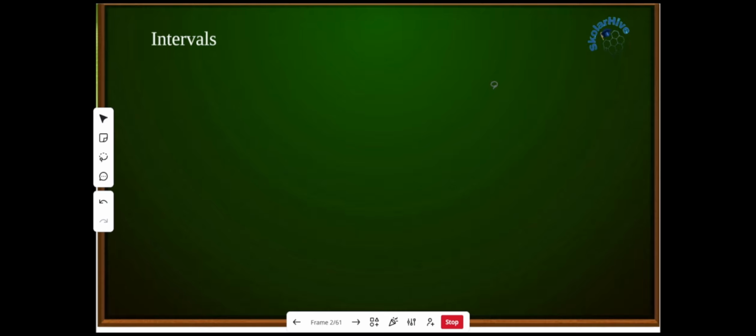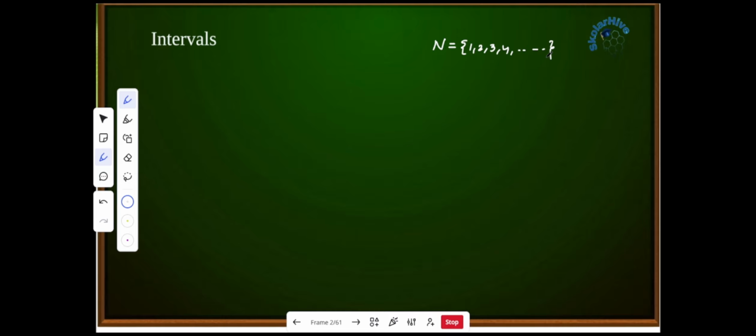Let me give you a quick recap of the number collections. The collection of natural numbers is denoted by capital N, which is nothing but the collection of all natural numbers 1, 2, 3, 4 and so on.